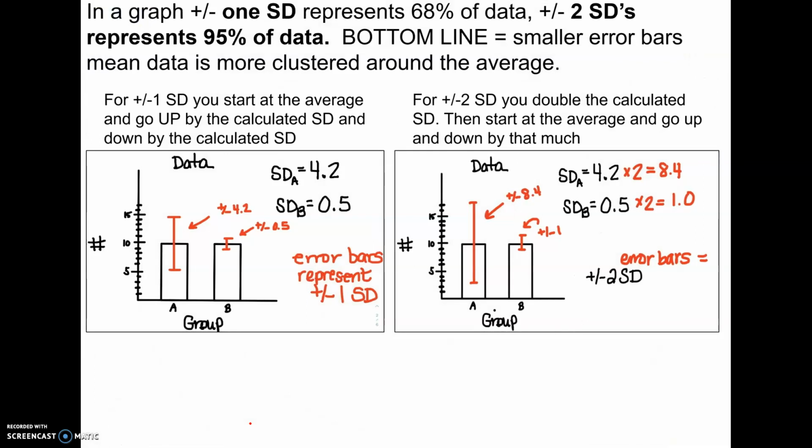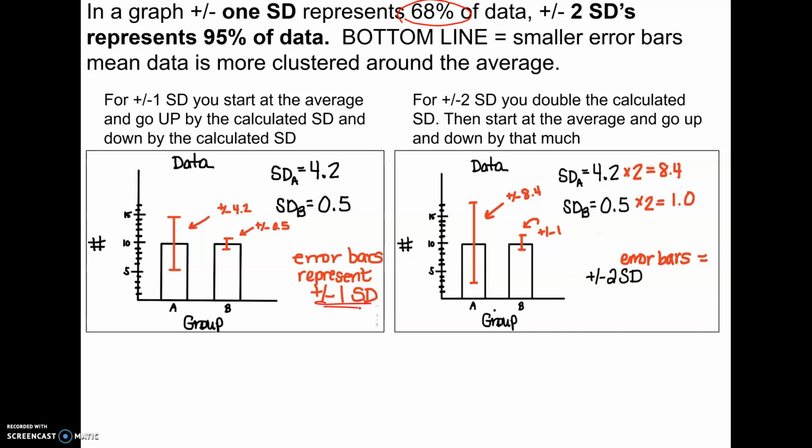So this is statistics, this is not me. Statistics say that if you were to graph one standard deviation, 68% of your data should lie within those error bars. So in other words, how do you graph that? So here's my original graph, and I've added error bars to show plus or minus 1 standard deviation.